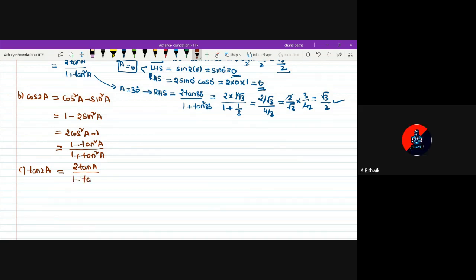Sir, I have a doubt. Yes, please. Sir, in the blue color, 2 by root 3 by 4, how did it become 4 by 3, sir? Yeah, take LCM. In the denominator, take LCM.